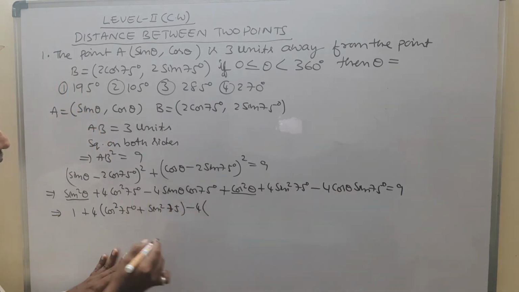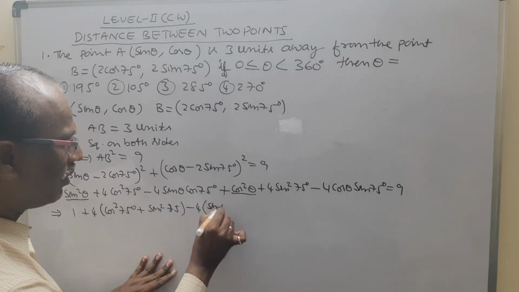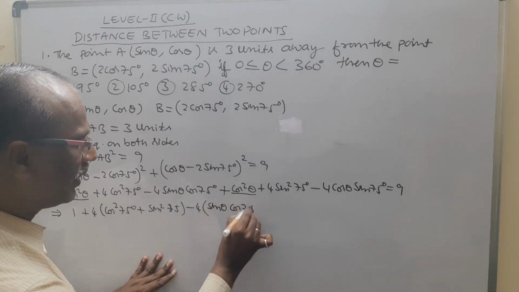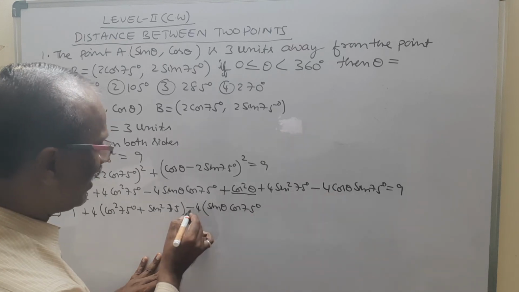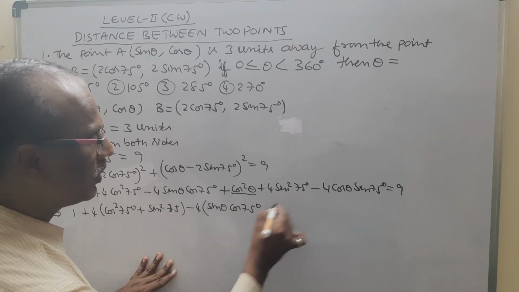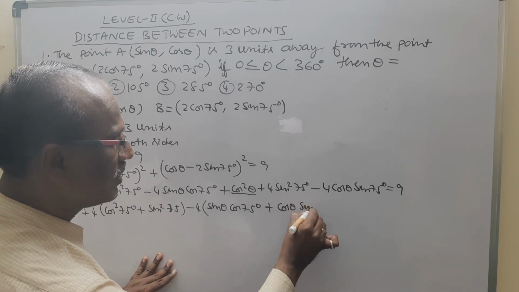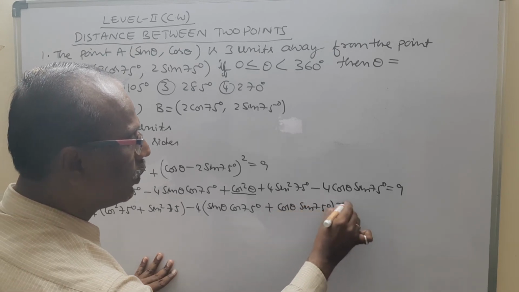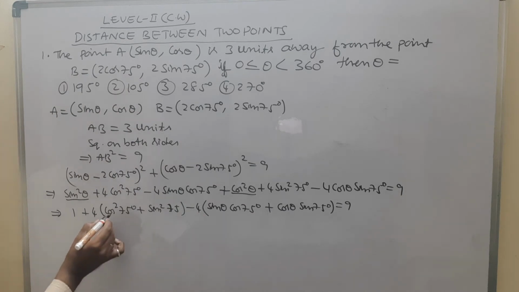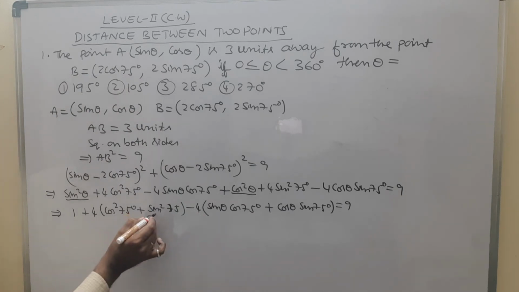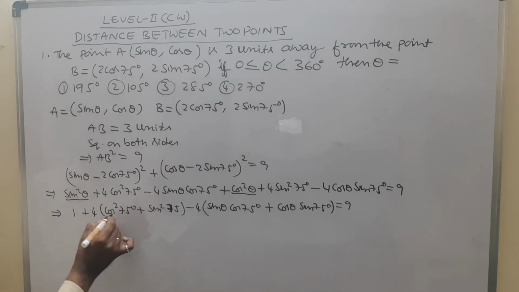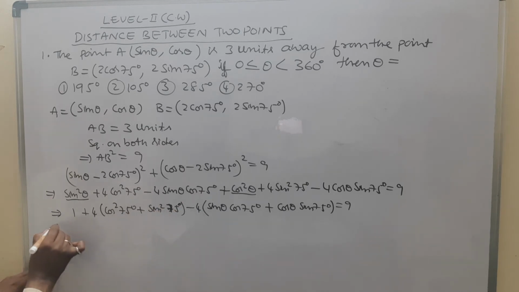Minus 4 is common: sin theta cos 75 degree, here if minus is common, plus is there, plus cos theta sin 75 degree equal to 9. Here also identity. Cos square 75 degree plus sin square 75 degree, this value is also 1.